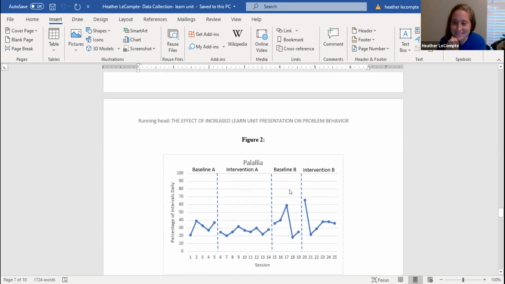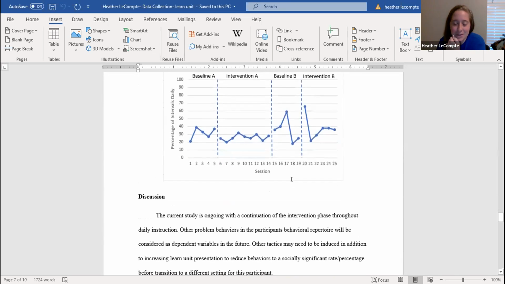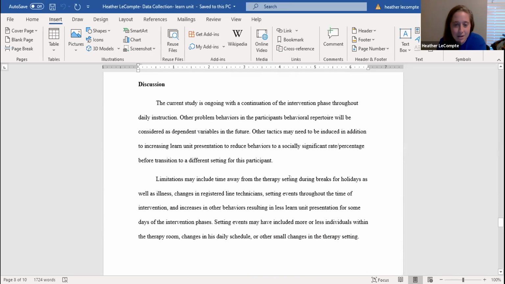Anything else? Do I need limitations, I guess. I think I put that in here. Yeah, the limitations included time away from the therapy setting during breaks for holidays, as well as illnesses, changing in register line technicians, setting events throughout the time of the intervention, and increases in other behaviors, resulting in learn unit presentations for some days being a little lower.